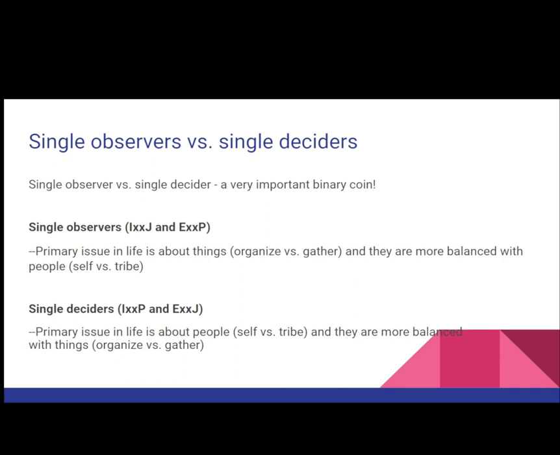But they're going to be relatively more balanced with the people side of things, the self versus the tribe human needs. So single observers, for example, if you have an IJ, they're going to tend to fret about chaos, unexpected chaos that comes their way. Because if they're a lead SI type, they're looking at all these different facts and they're trying to organize them and narrow it down, and they might completely overlook abstract possibilities that are surrounding them.